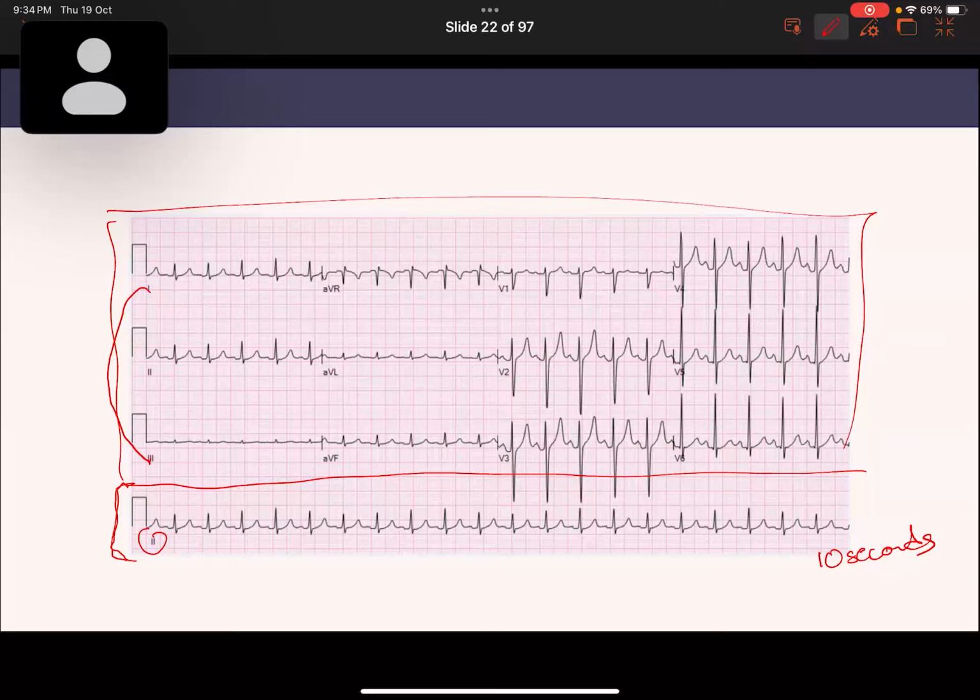This is tachycardia. 150 beats per minute is very fast. If this tachycardia is caused by the sinoatrial node firing at a very fast rate, what do you call this? Sinus tachycardia. Exactly. So this is called sinus tachycardia.